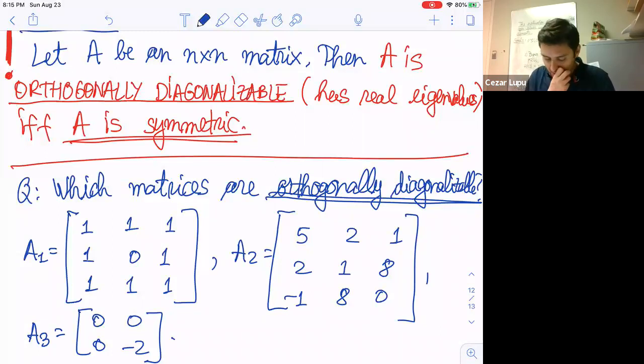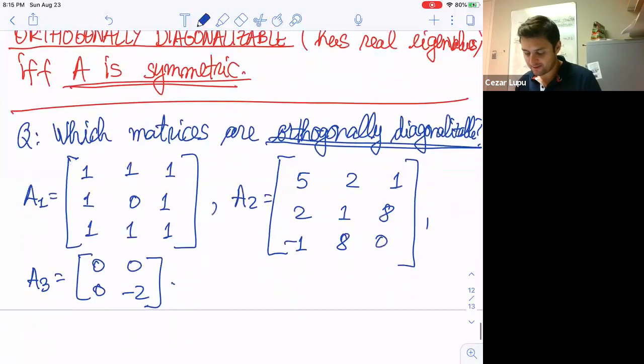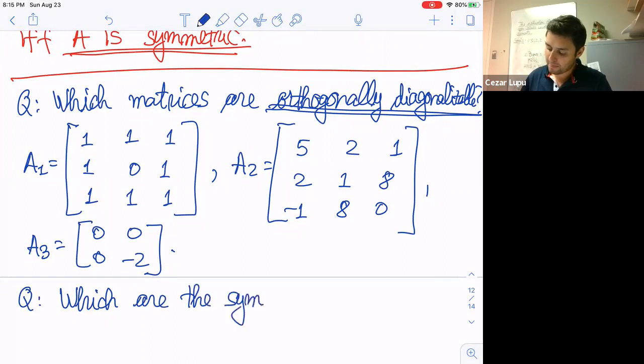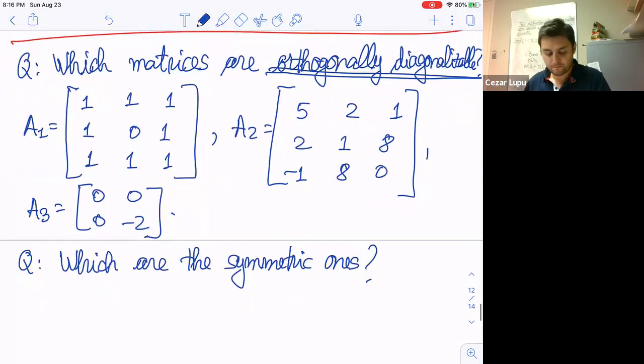So we want to see which are the symmetric ones. In other words, which matrices are the symmetric ones.